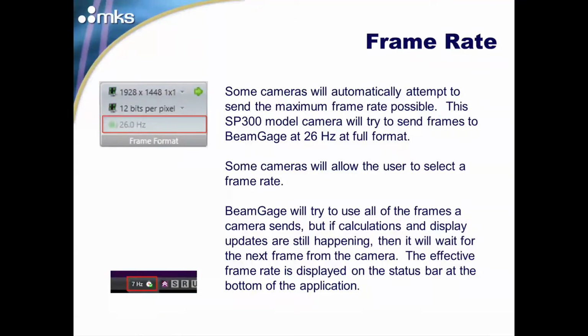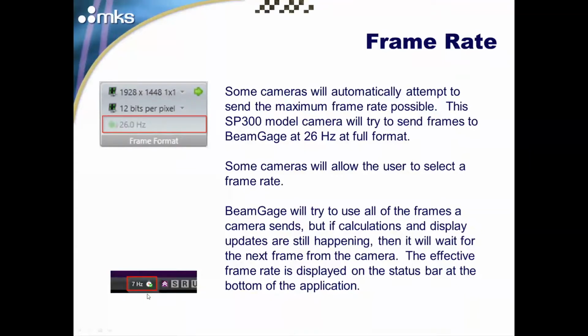There are some competitive products that kind of obscure that. You don't really see how many frames are being dropped. BeamGage does show you this, and sometimes that actually leads to a little bit of confusion on why the frame rate seems slower. So, for an example, in this case, my SP300 model camera was set to transmit at 26 hertz, but I was only getting an effect of 7 hertz.